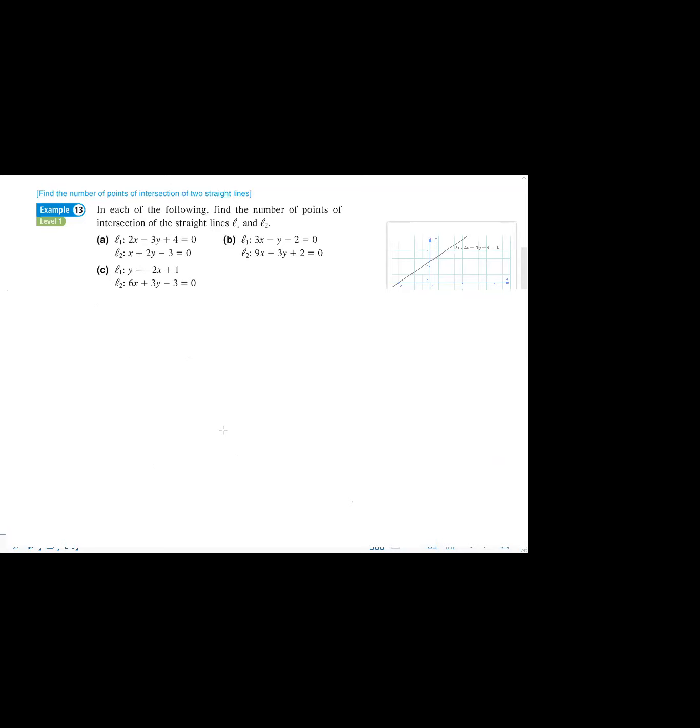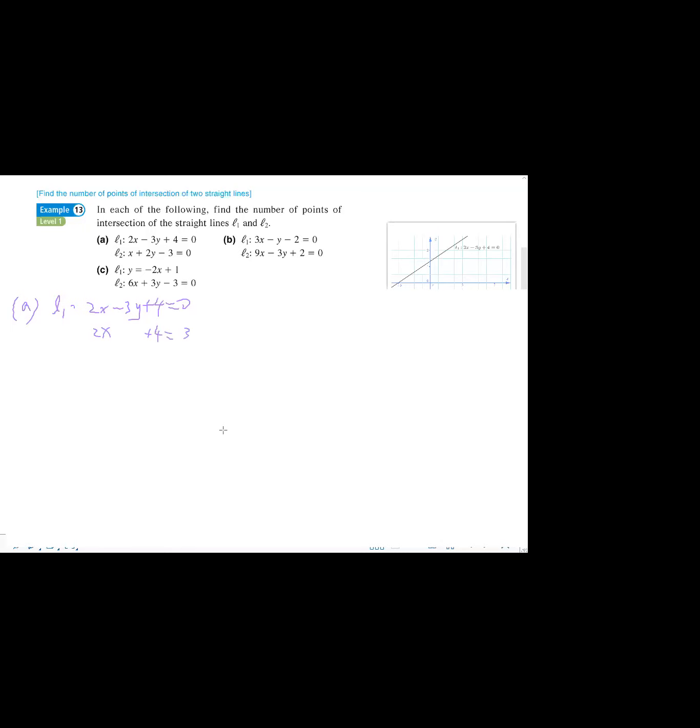Okay, so part A. For L1, it's 2x minus 3y plus 4 is equal to 0. Do you remember how to find the slope? If you follow the textbook, you memorize a formula. But if you follow my method, you change y to be the subject, and then the coefficient of x is the slope.